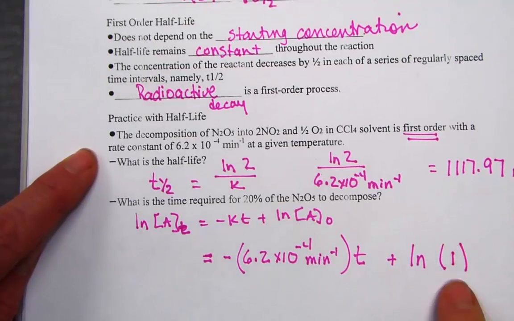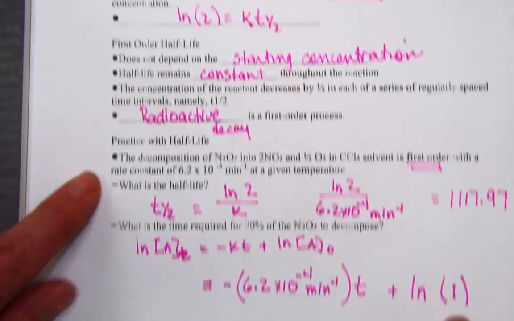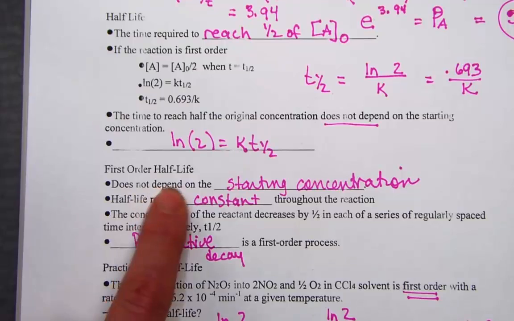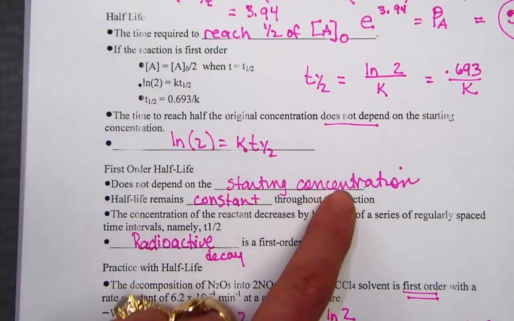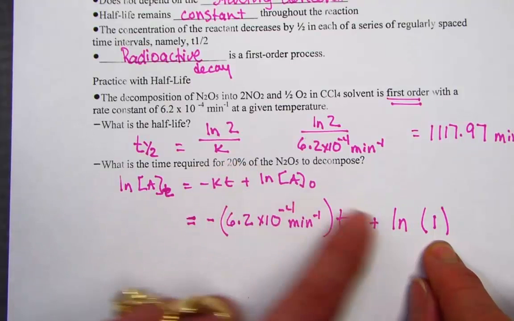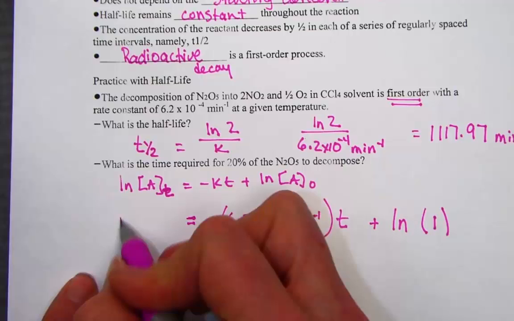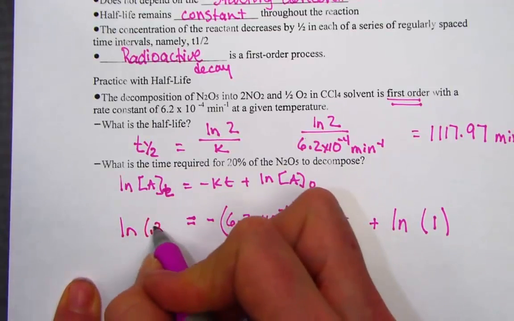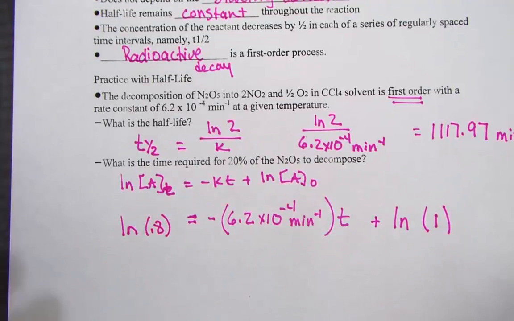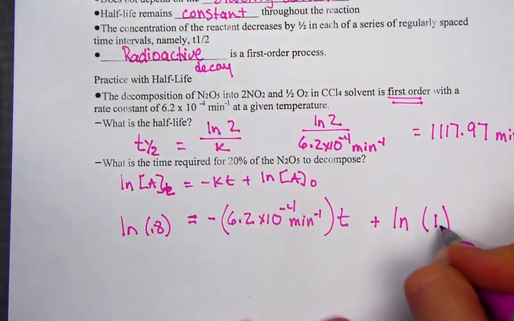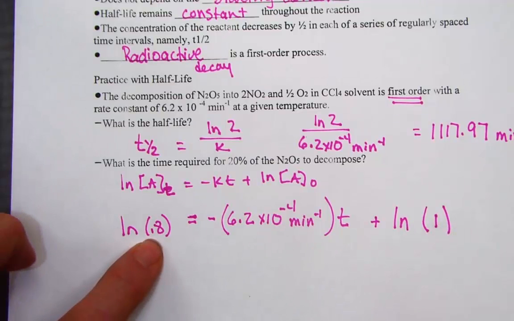We're picking an easy enough number because remember, first order, and it just really is a critical point, does not depend on the starting concentration. If we pick a concentration of 1 and 20% of it has decomposed, what's left, 80% of 1, is 0.8. We could pick any numbers, but I think those two are quite easy. So if I have an original value of 1 and 20% of it has decayed, I have 0.8 left over.